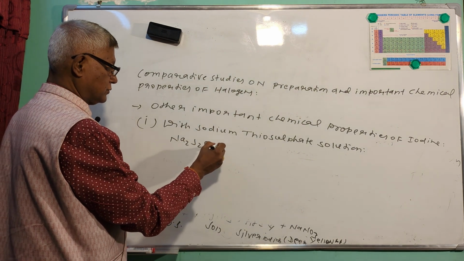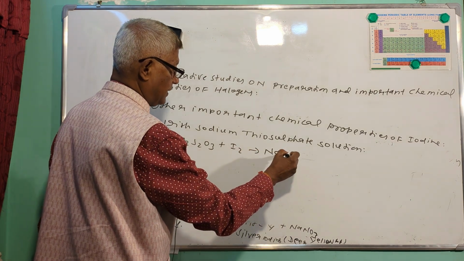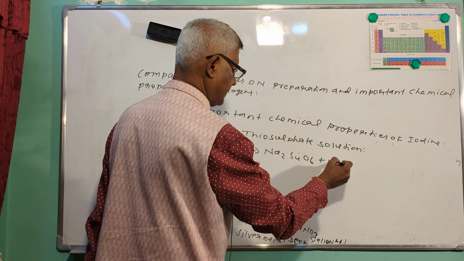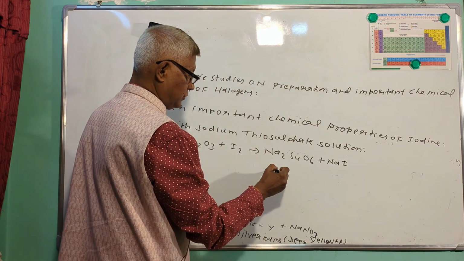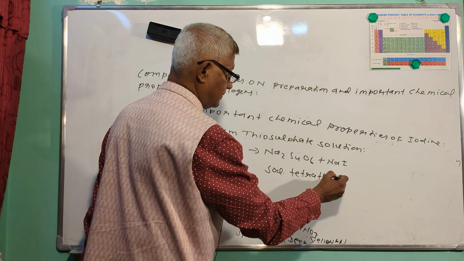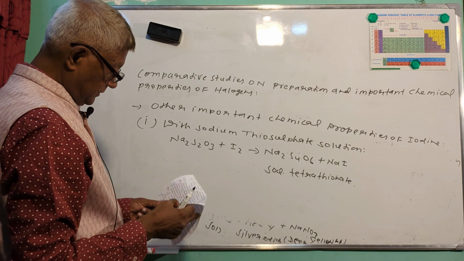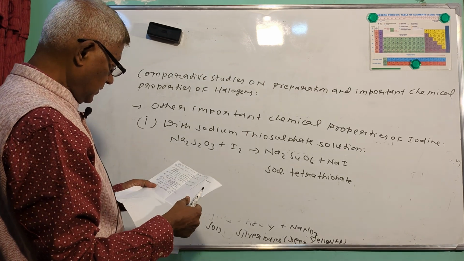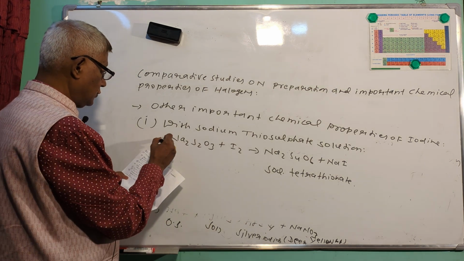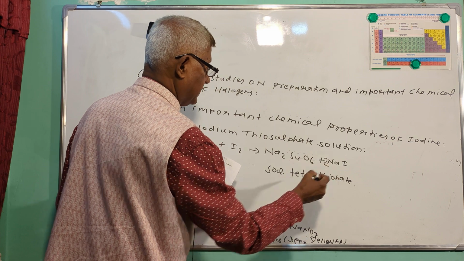Sodium thiosulfate plus iodine. What do we get? Na2S4O6, that is sodium tetrathionate, plus sodium iodide. After balancing, we get 2 sodium thiosulfate to 2 sodium iodide.